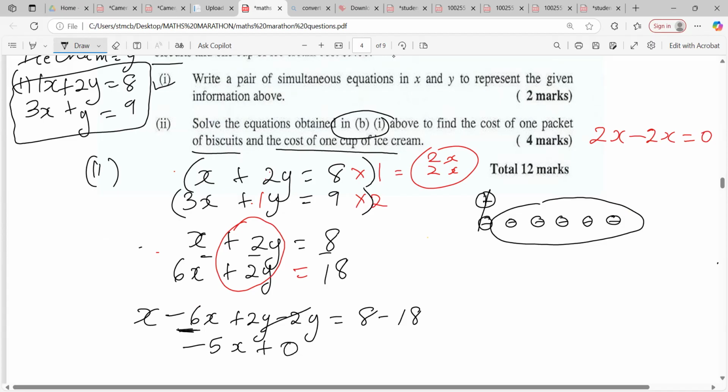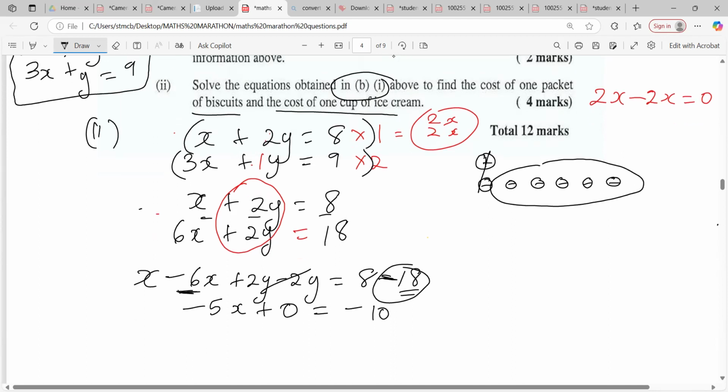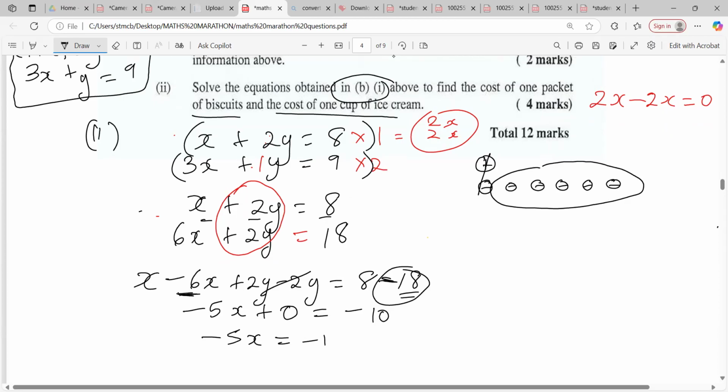I can put the 0 just in case somebody might not be familiar with it. The 18 is bigger and it has the minus, right? So I got minus 10. So long story short, minus 5x is equal to negative 10.